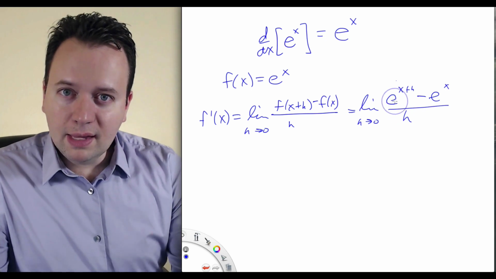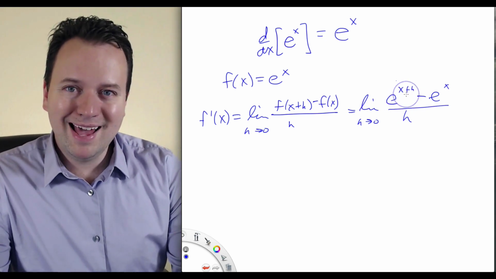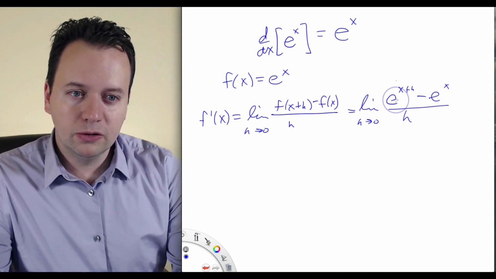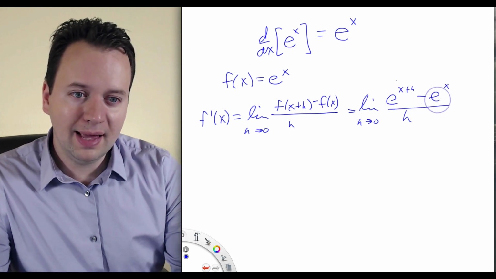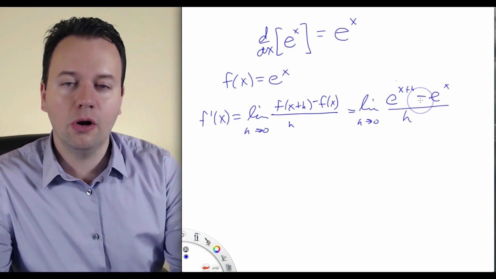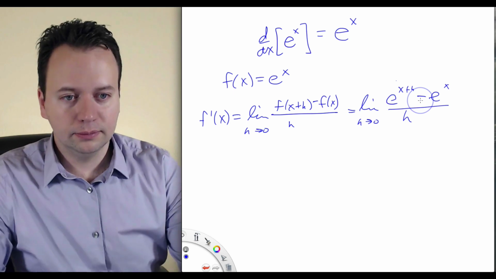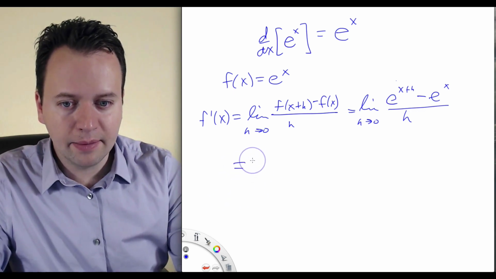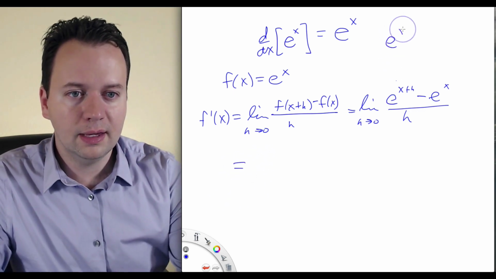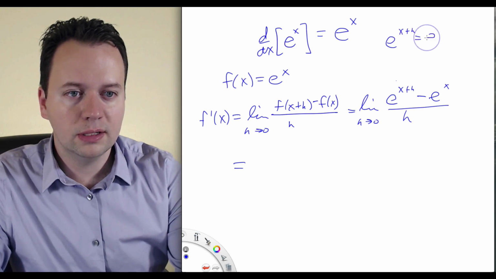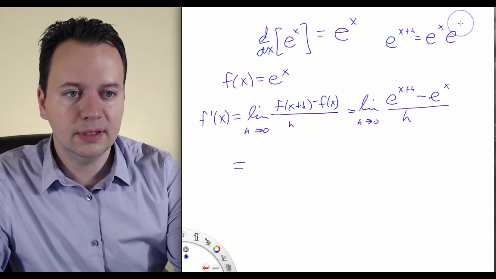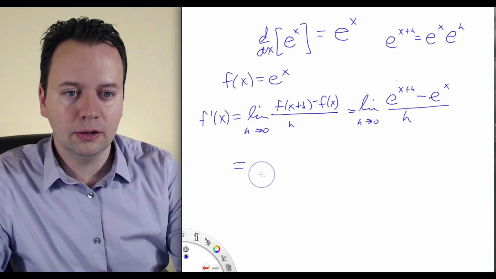Well, note that e to the x plus h is just e to the x times e to the h. So we have a common factor of e to the x on both terms in our numerator. Recall that e to the x plus h is equal to e to the x times e to the h. Basic algebra rules.